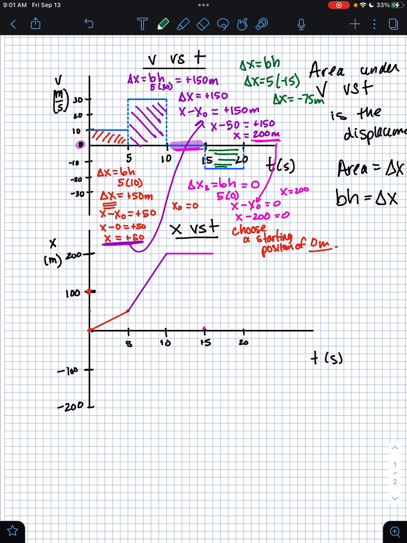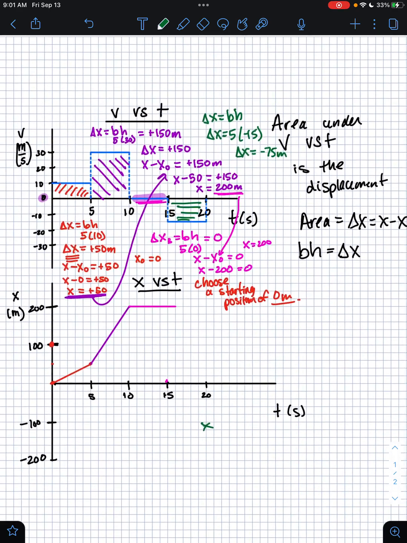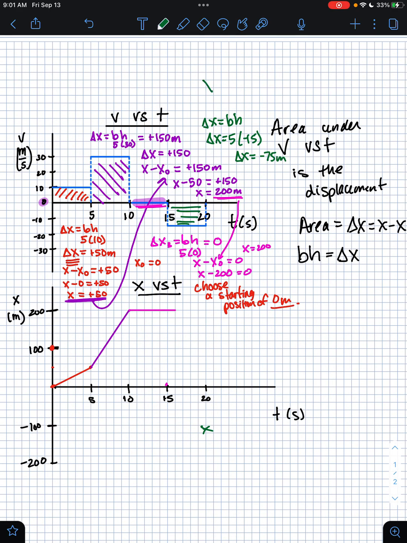That does not mean I go down to a position of negative 75. That's wrong. Instead, what that means is that the difference in my positions needs to be negative 75. So my final position minus my starting position has to be equal to negative 75 meters. I'm looking for my final position, and my starting position is where I was at last time.